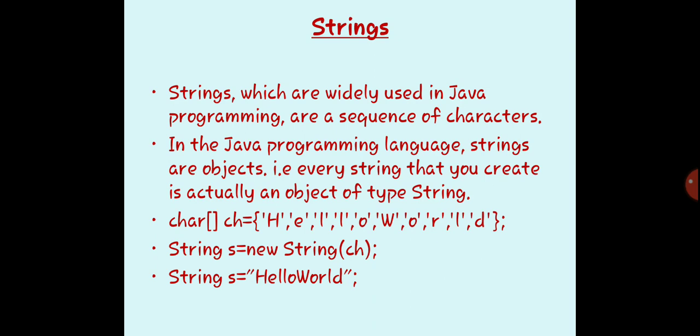Like this, a string can be defined, and the same string can also be defined in the third line, String s equals hello world. Both are the same. ch is also having hello world and s is also having hello world. ch is an array of characters, and s is a string. That's it.